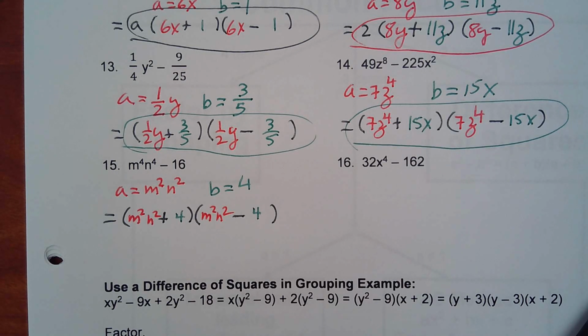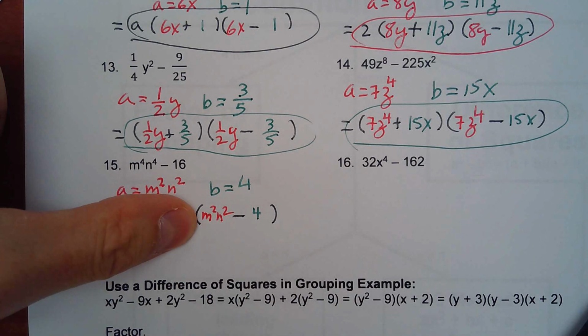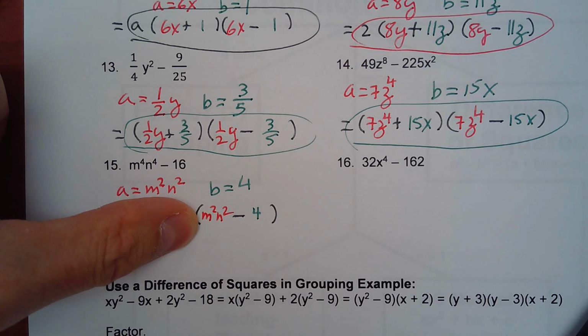Now if I type that into ALEKS and click submit, ALEKS is going to say it's wrong. And you might be wondering, why is it wrong? Well, look carefully at that. Notice that m squared n squared minus 4, that in itself is a difference of squares.